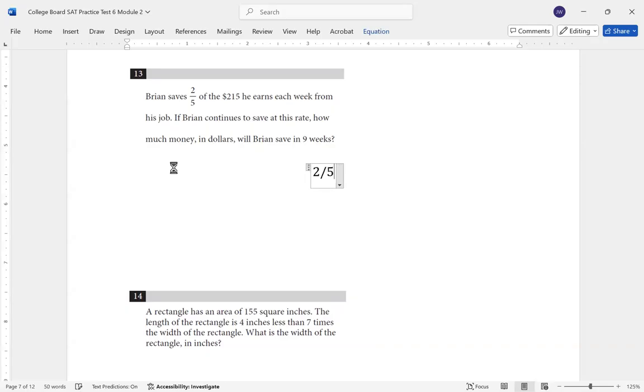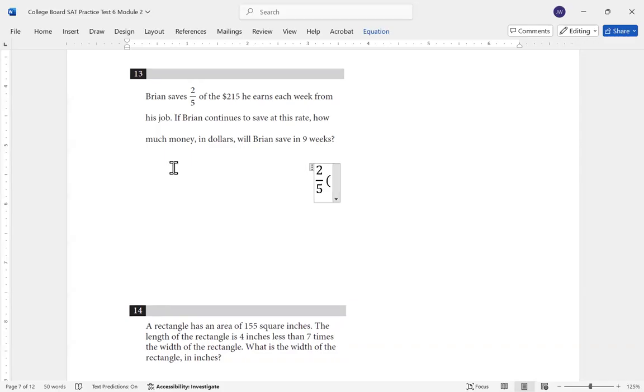He saves 2/5 of the $215. So I would take 2/5 and multiply it times 215, giving me $86 that Brian saves each week.